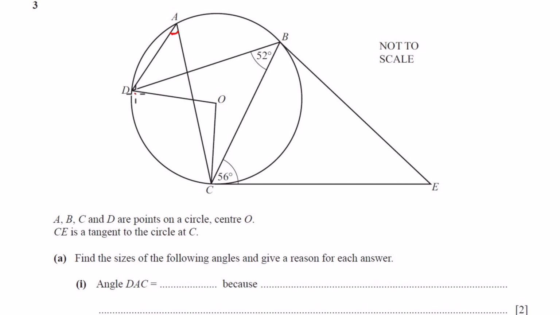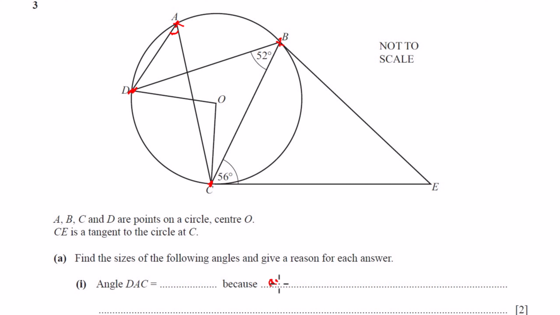If you compare it with angle DBC, you will see that they both originated from D and C. So this one is DBC, while this is DAC. As long as they originated from the same source and both are touching the circumference of the circle, they are called angles in the same segment.